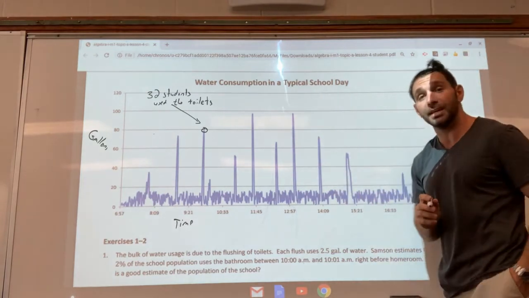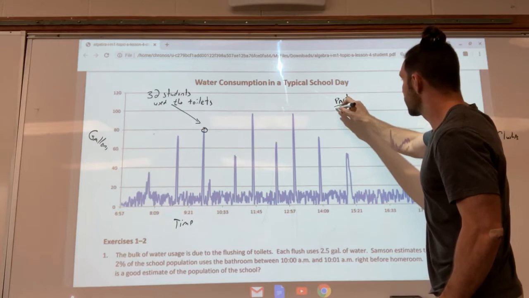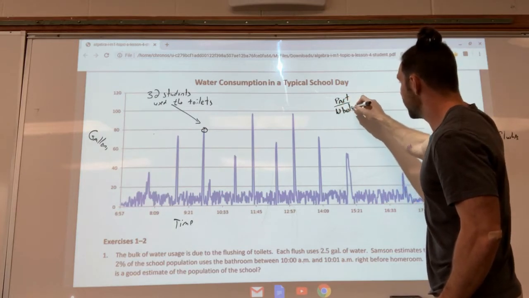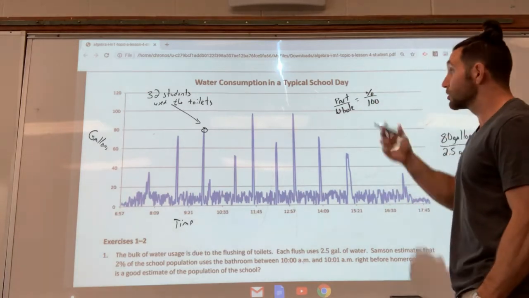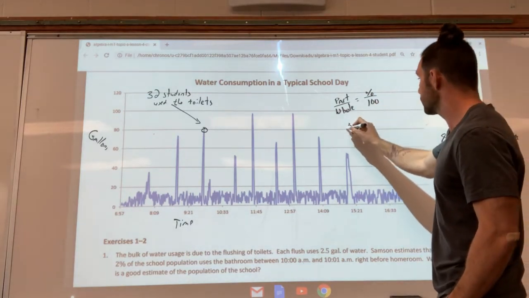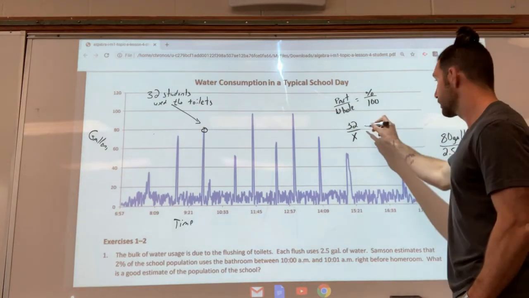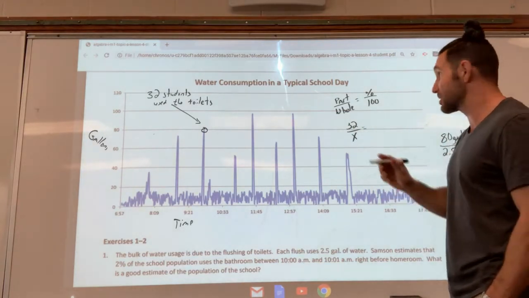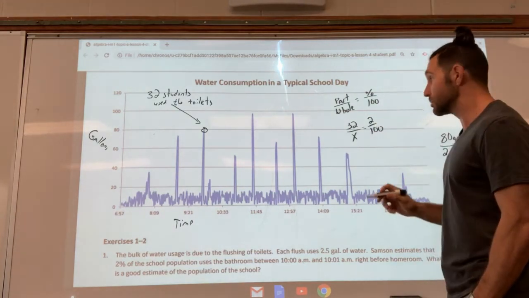Only 2% used this. So remember, the equation that we used last year was the proportion part divided by whole equals percent divided by 100. So now I can say, okay, the part is 32. I do not know how many students we have. 32 over x equals the percent, which was 2 over 100.